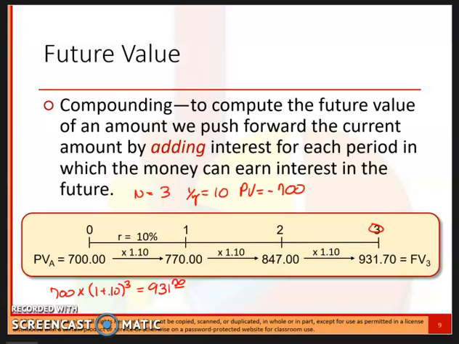If you're receiving it, it's a positive. And then payment here, there aren't any payments involved, so payment's 0. And we use the compute key that's in the upper left-hand corner, and we compute future value, and you should get $931.70. We'll go back through this in future slides.